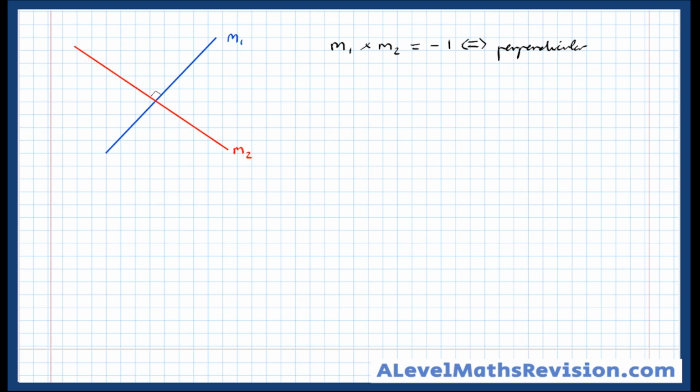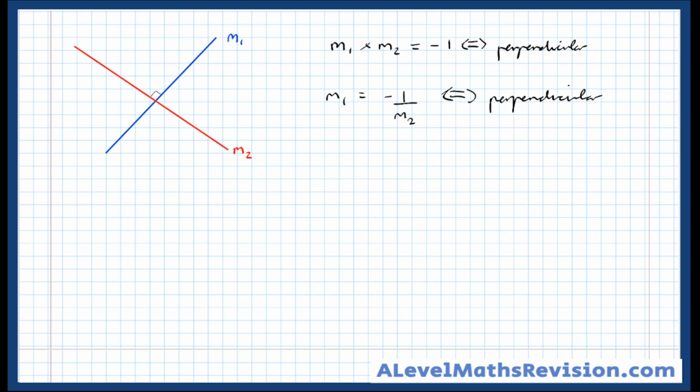So if you're asked to show that two lines are perpendicular, multiply their gradients by each other, and you will get minus 1 as the answer. An implication of that, a direct follow-on fact, if I rearrange this here, is that m1 equals minus 1 over m2, again, if and only if the two lines are perpendicular.